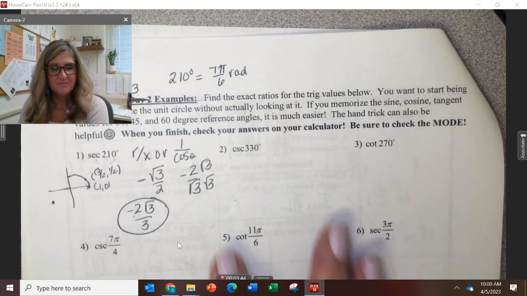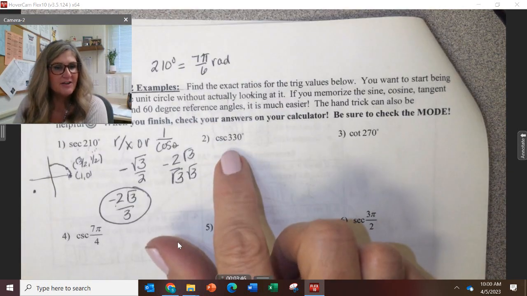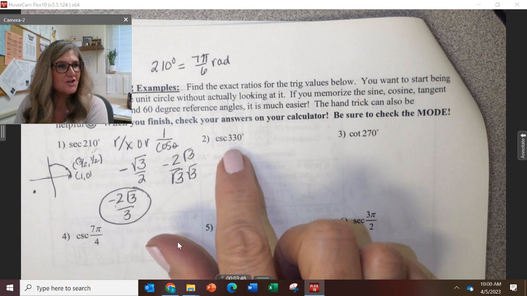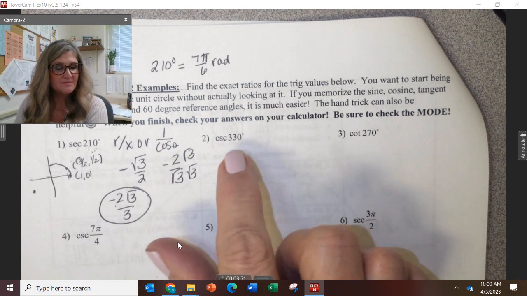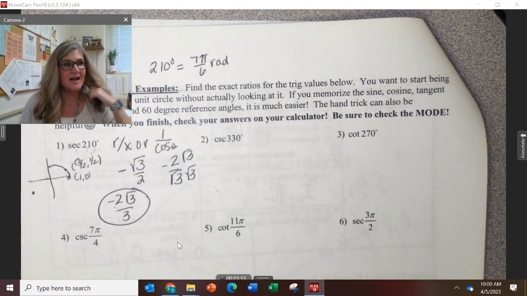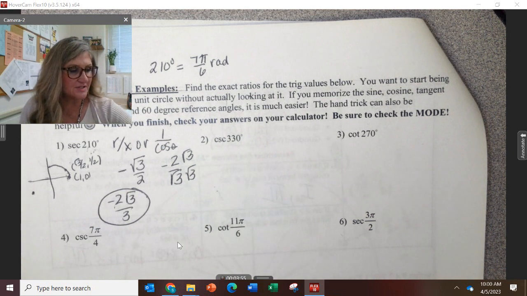All right. Without a calculator, I want you to try this problem. You can either draw a triangle or use the unit circle.